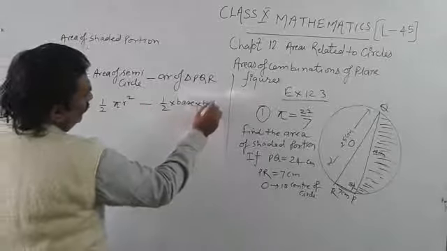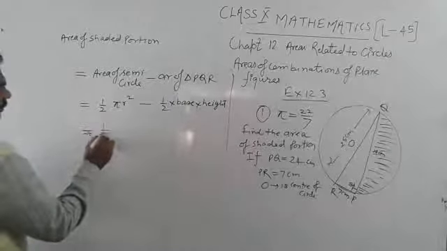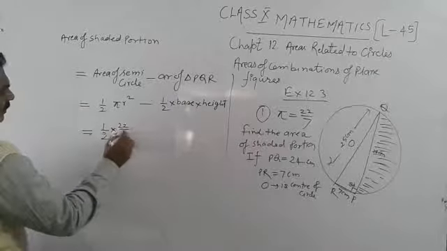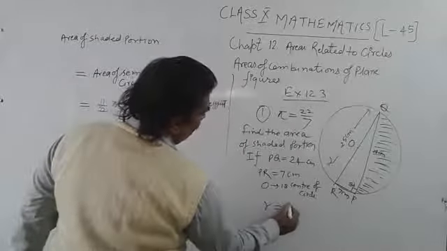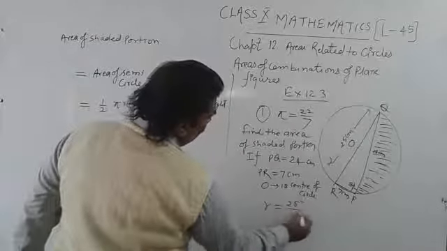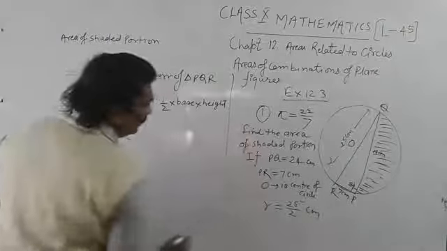So now 1/2 pi, pi is 22/7 and radius of this circle is 25/2.